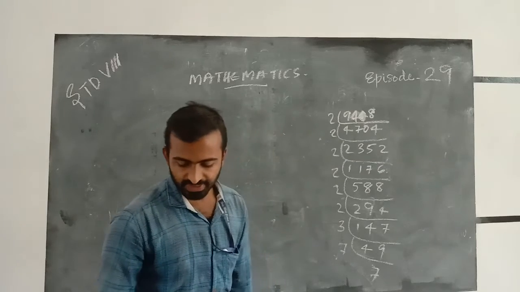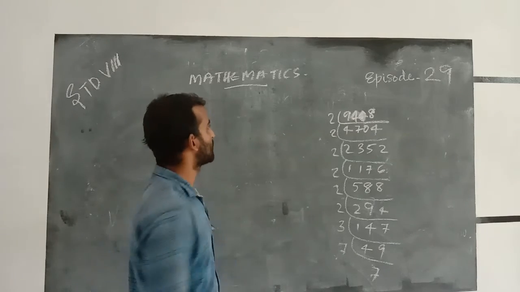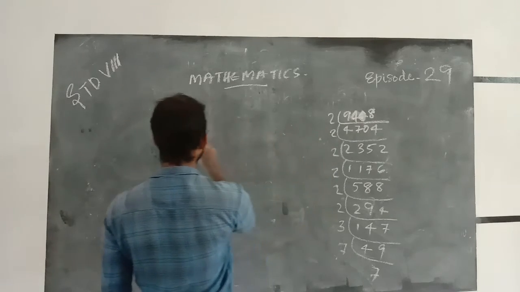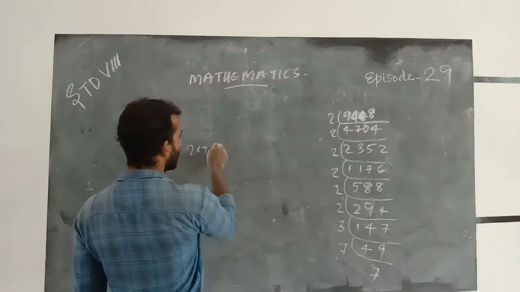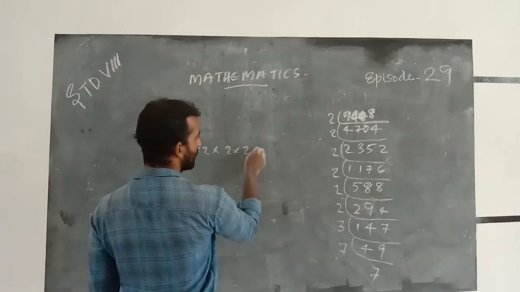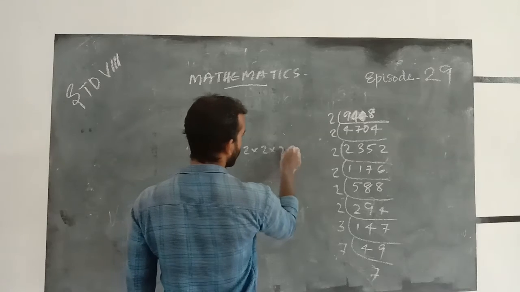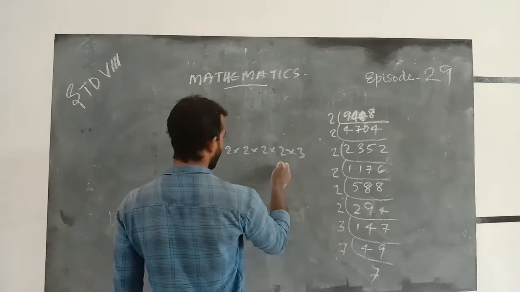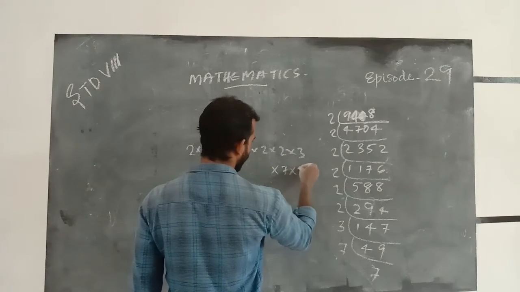Here, when we see this, it is 2 into 2 into 2 into 2 into 2 into 2 into 3 into 7 into 7.